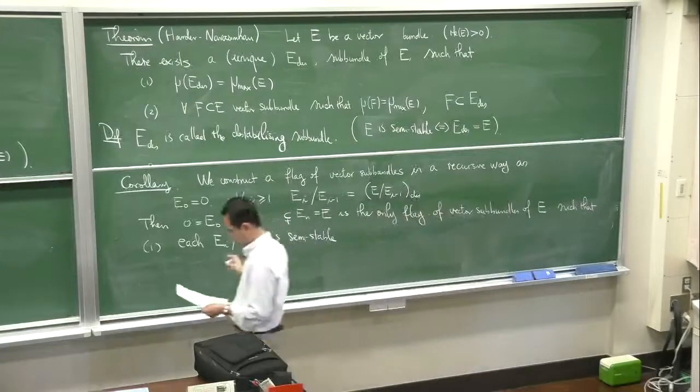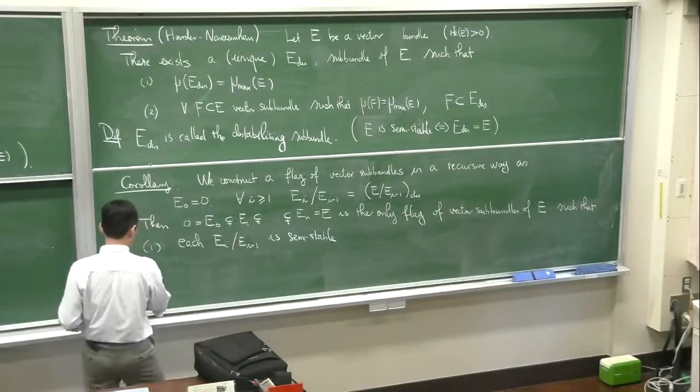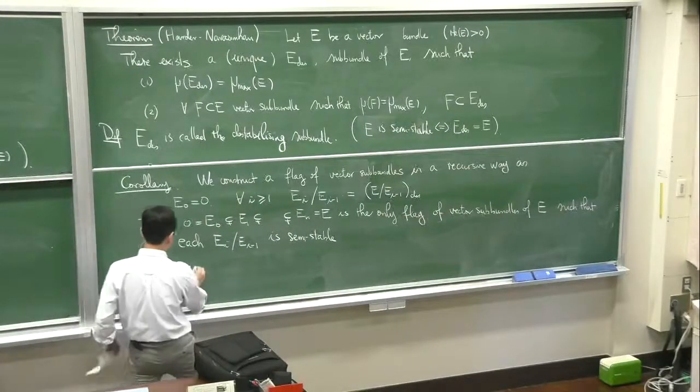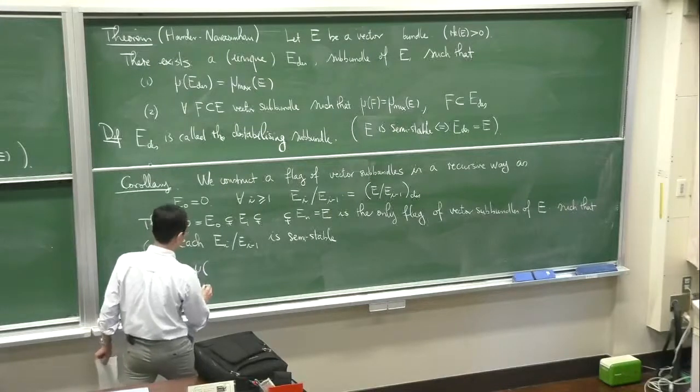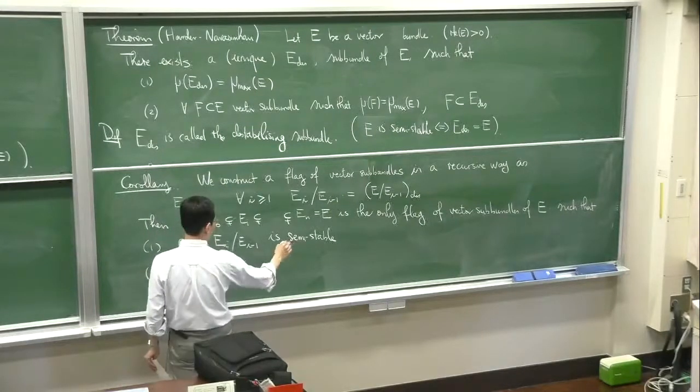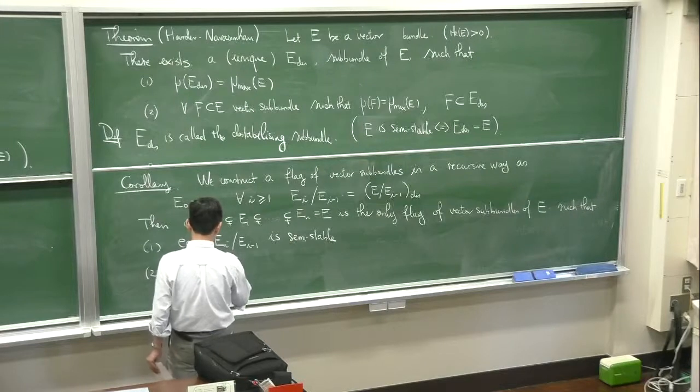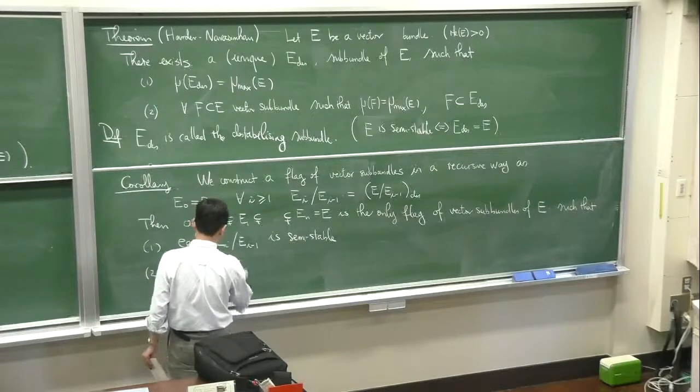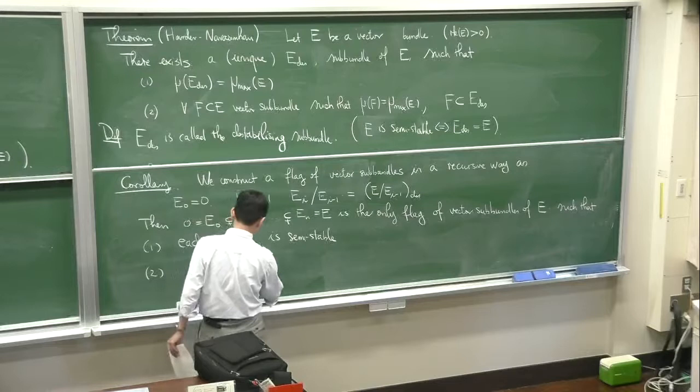So each subquotient is semi-stable. And the second condition is that you have the decreasing property for the successive slopes.